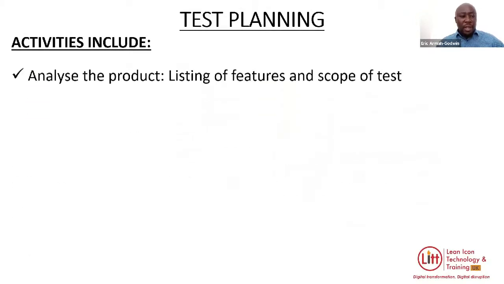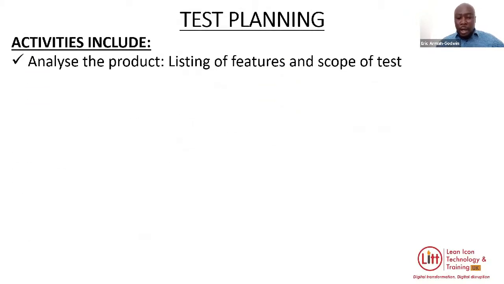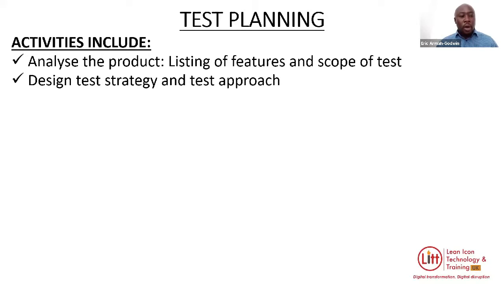Planning activities include analyzing the product. In other words, in the planning stage, we list the features that are in scope and out of scope. We also design, at that stage, test strategies and test approach. Test strategies are documents, one of the testing documents.